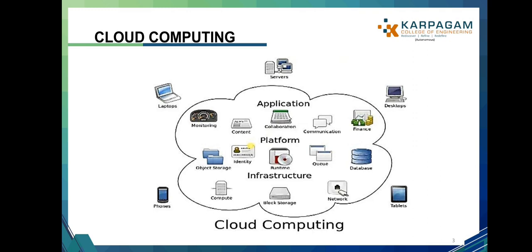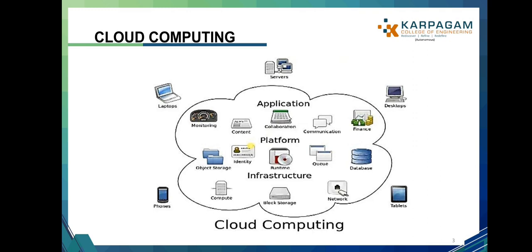The layers of cloud computing are: the basic layer is infrastructure as a service, where all the hardware is interconnected and the storage, compute, network and physical devices are available. The next layer is platform as a service, and above that is the application layer, that is software as a service.